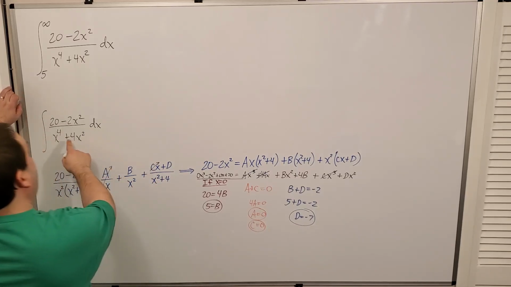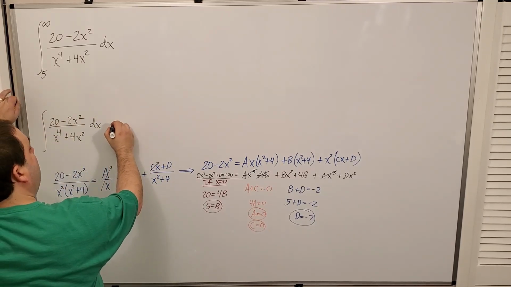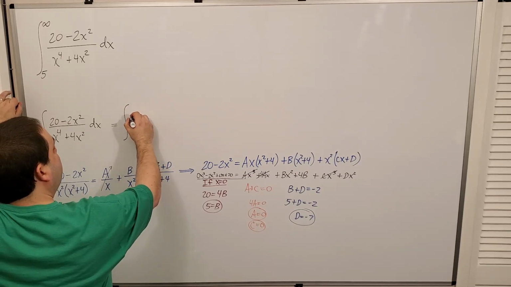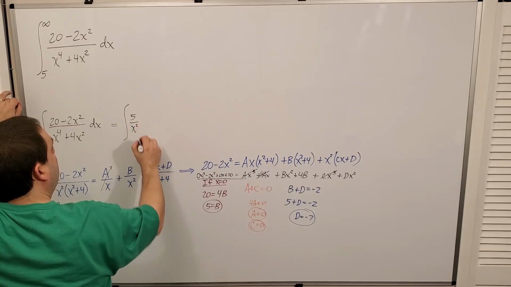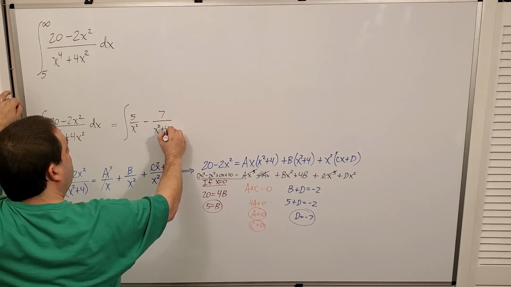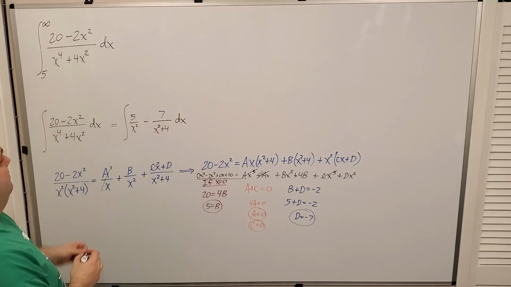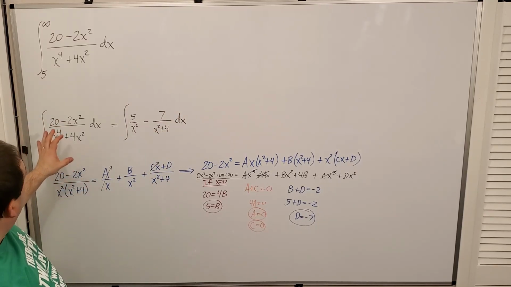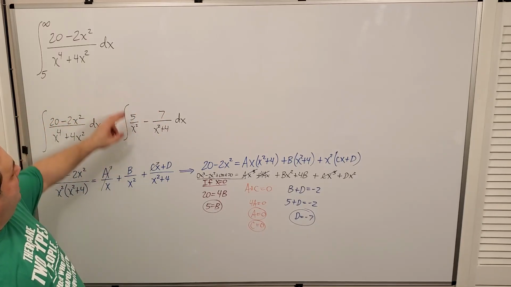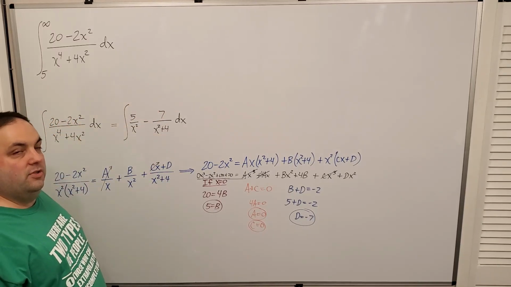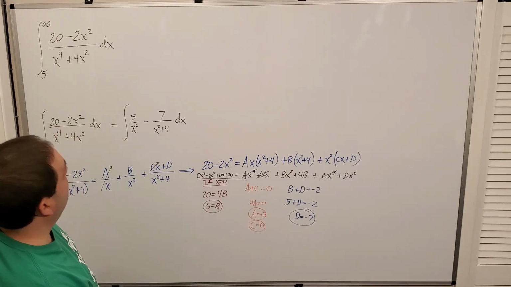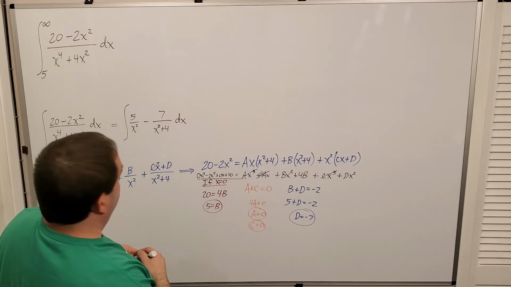So it looks to me like I can take this integral and rewrite it as the integral of 5 over x squared minus 7 over x squared plus 4 dx. So we use partial fraction decomposition to break one complicated fraction into two much nicer, simpler fractions.